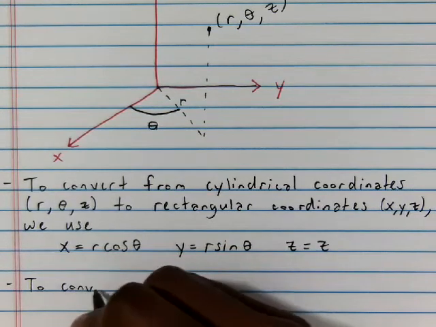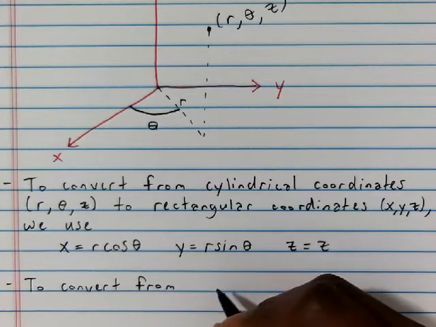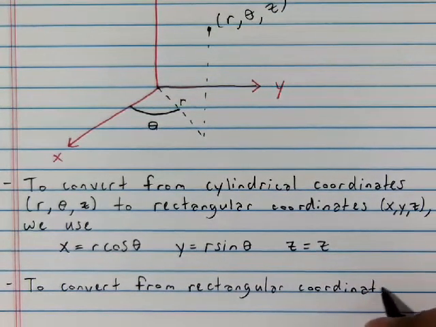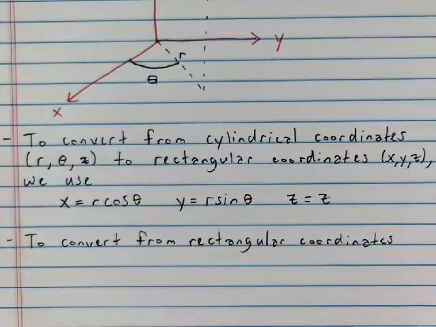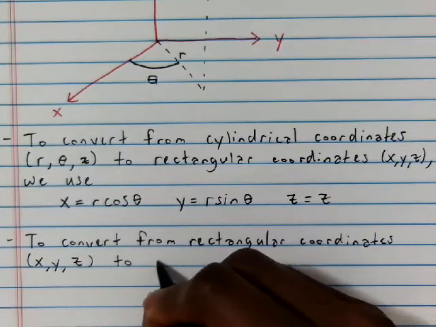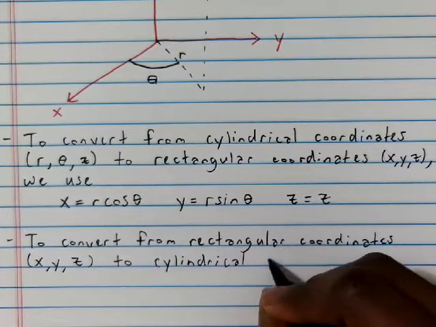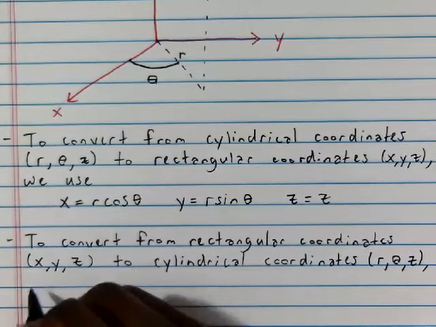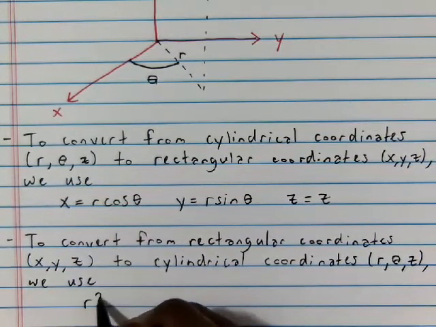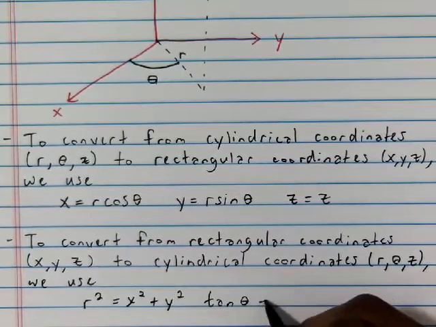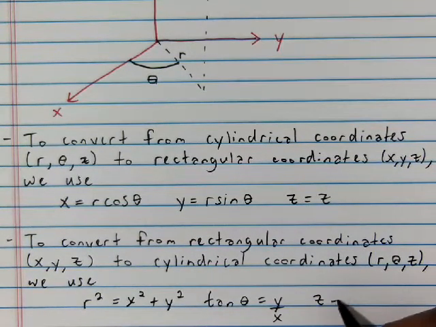To convert from rectangular coordinates x, y, z to cylindrical coordinates r, theta, z, we use r squared equals x squared plus y squared, tangent of theta equals y over x, and z equals z.